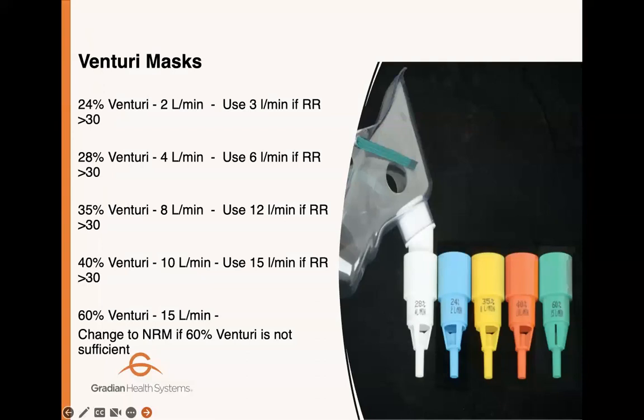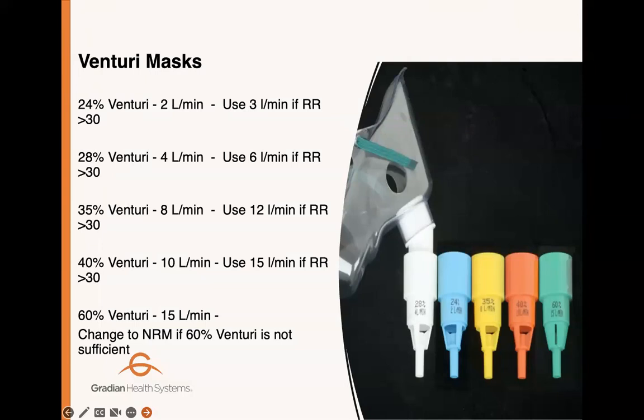We also have delivery devices called Venturi masks. These use the Bernoulli principle, whereby the constriction that you see on the tubing that goes into the mask entrains room air together with the oxygen that is delivered.